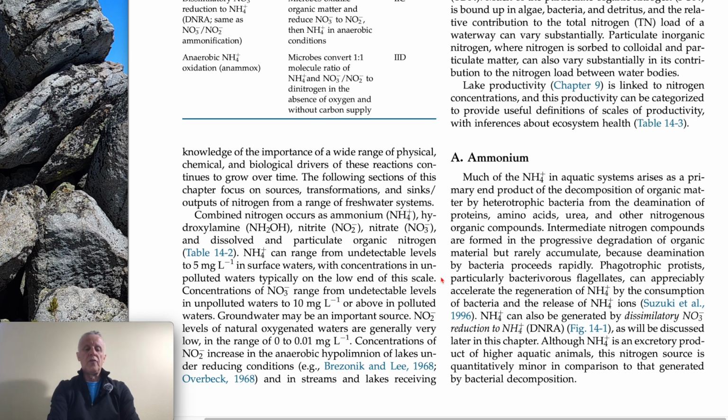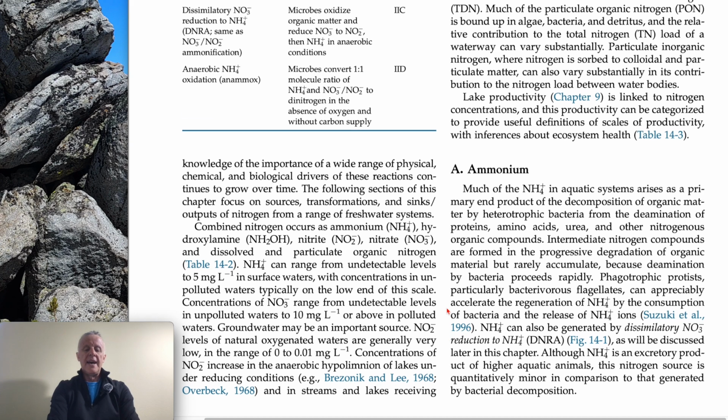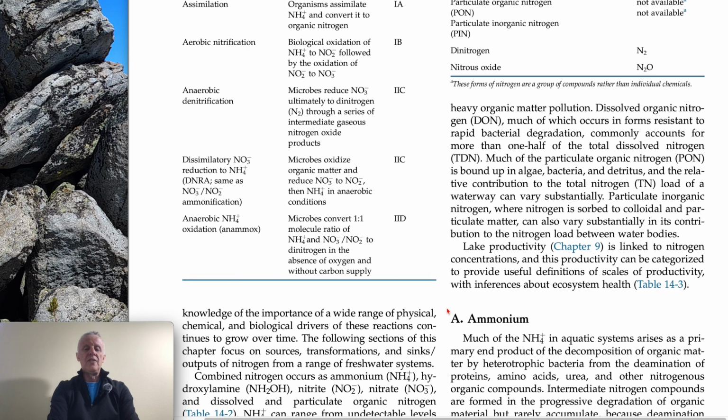Nitrite levels of natural oxygenated waters are generally very low, in the range of 0 to 0.01 milligrams per liter. Concentrations of nitrite increase in the anaerobic hypolimnion of lakes under reducing conditions, and in streams and lakes receiving heavy organic matter pollution.